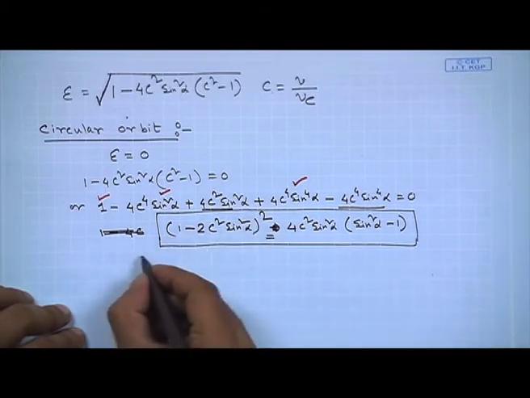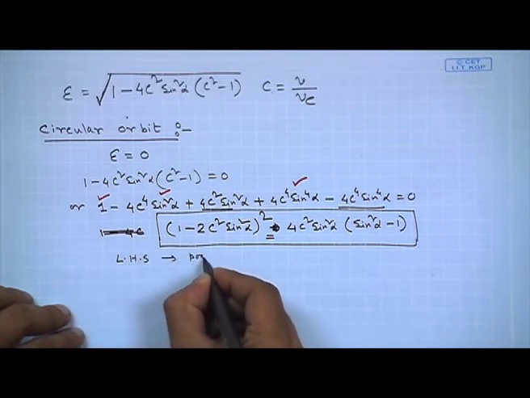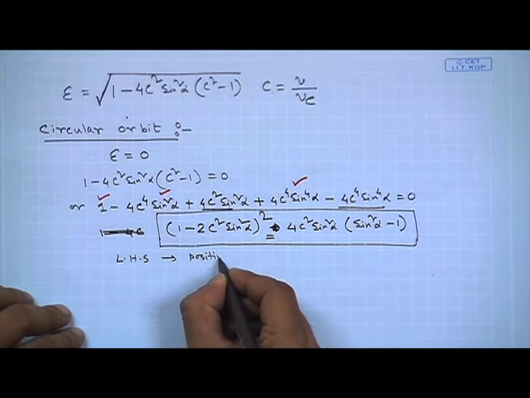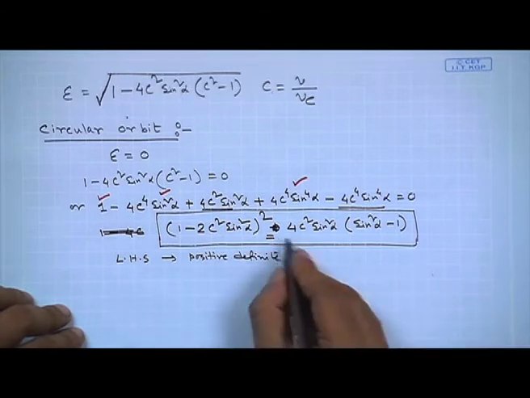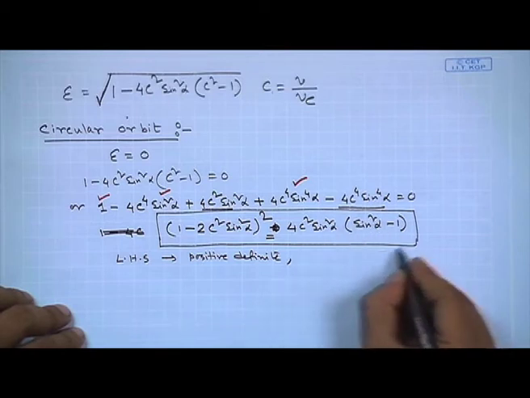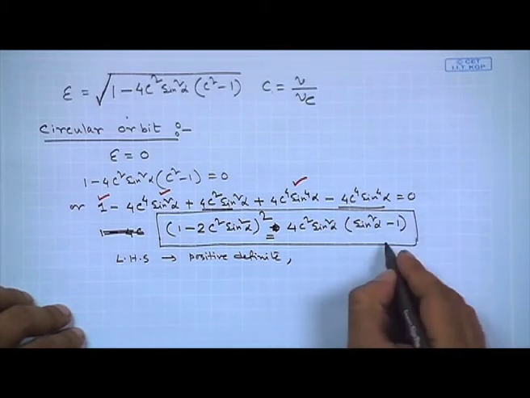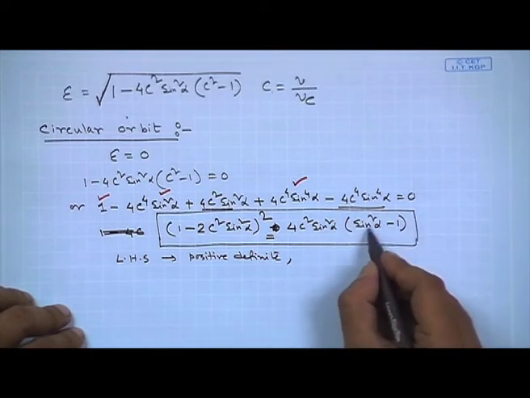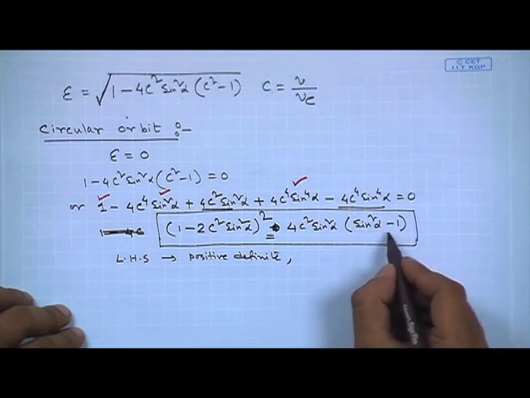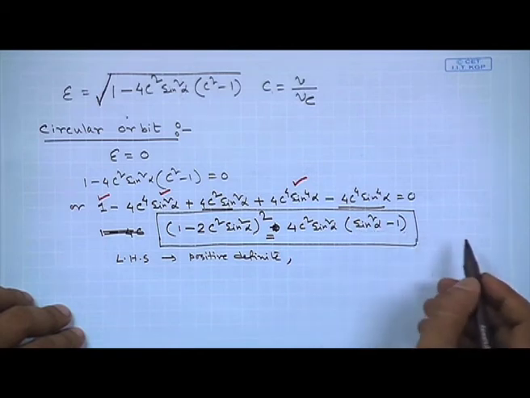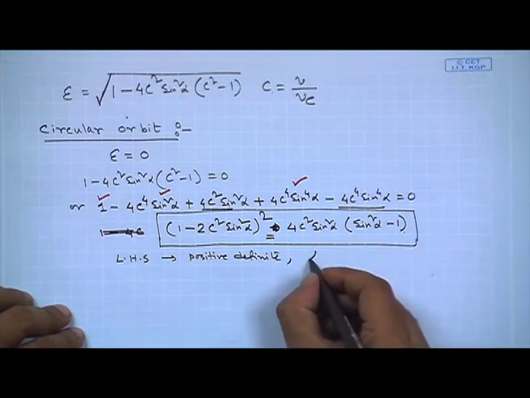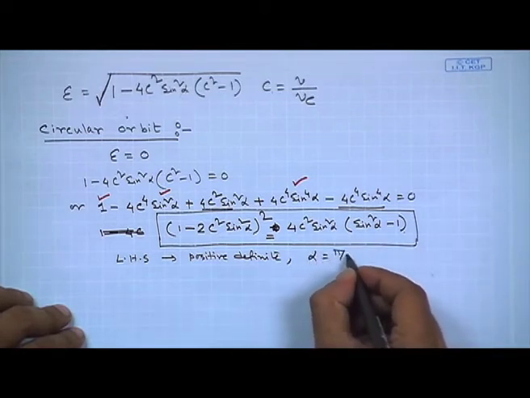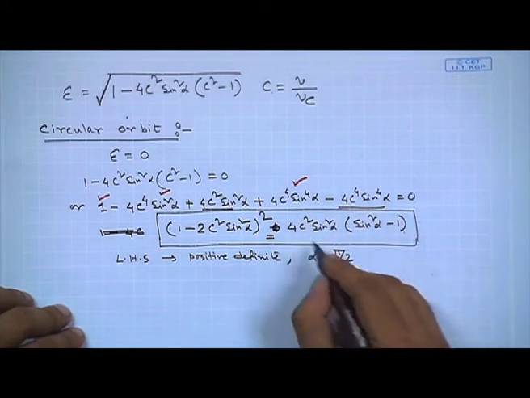The right hand side is generally negative, right, because sin square alpha is never greater than 1. So sin square alpha minus 1 is negative all the time, except when alpha is equal to pi by 2, then my right hand side becomes 0.